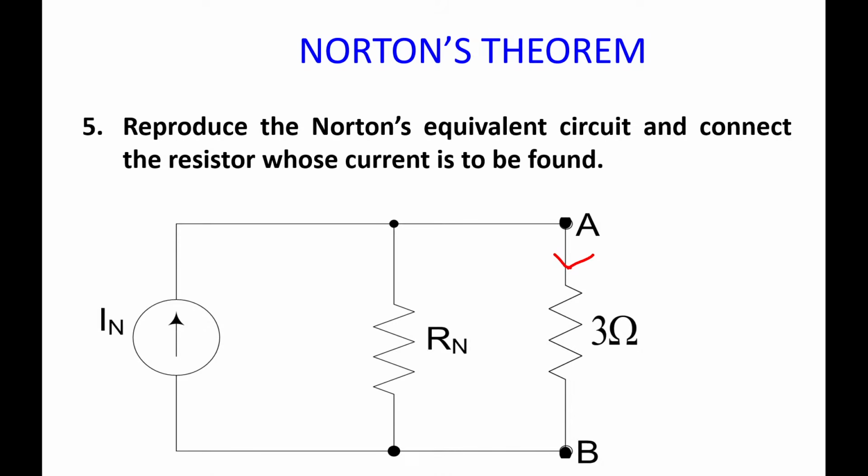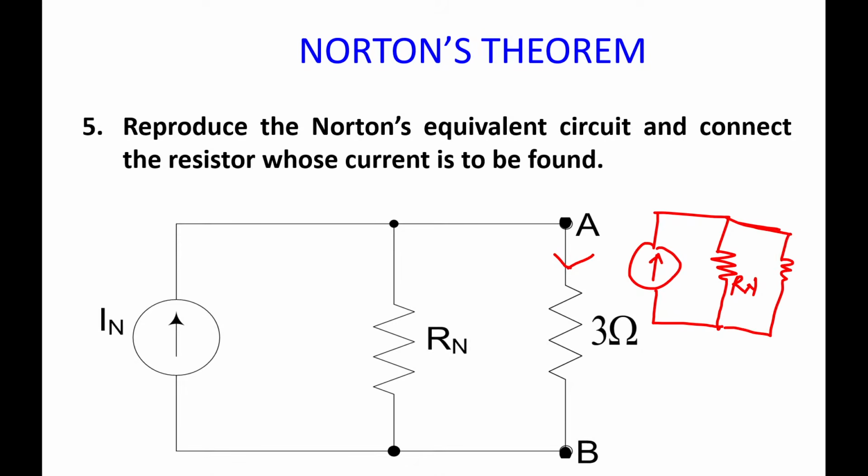So the load resistor was 3 ohms. That was what we took from there. After we are done, we are just going to draw this simple and nice circuit where we have the Norton's current connected in parallel with the Norton's resistance and the load resistance. Don't forget, this one here is the one we take from the circuit.